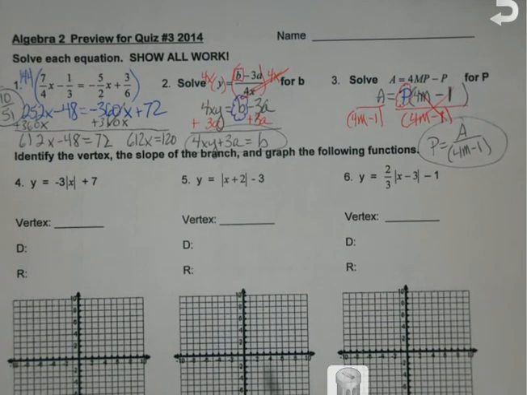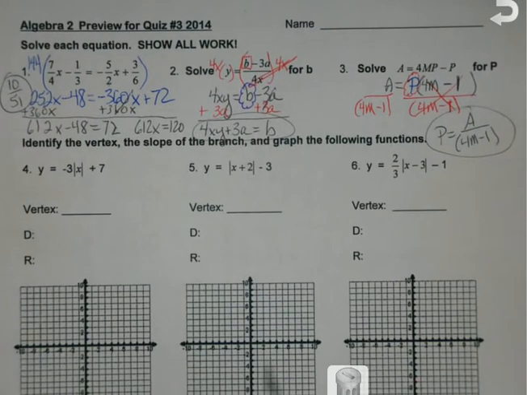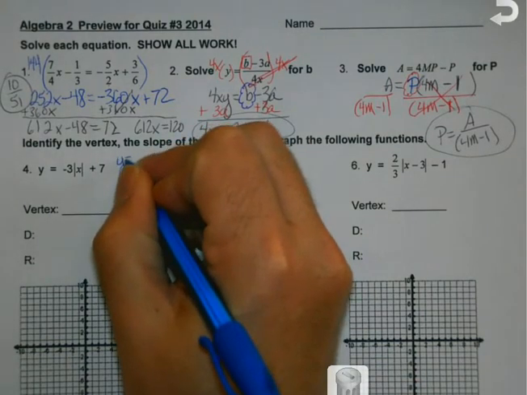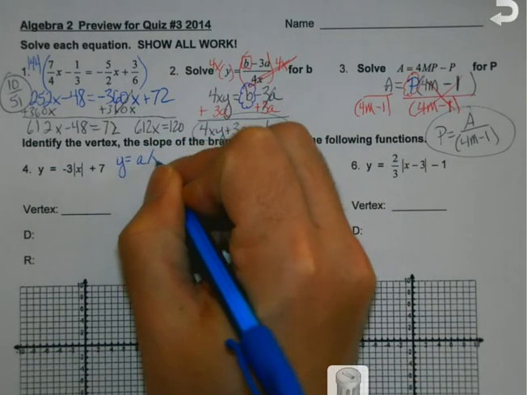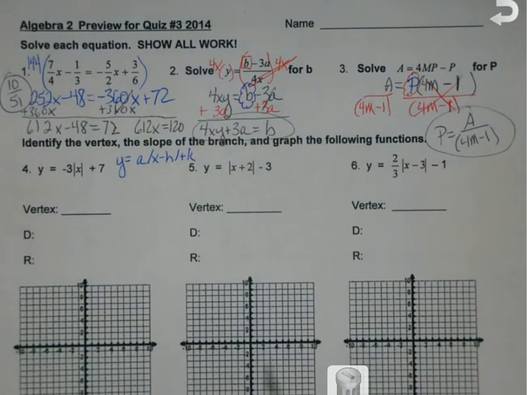All right, 4 through 6. Identify the vertex, the slope of the branch, and graph the following. Okay, reminders. When we're doing these, here's my general form of the equation. And my vertex is the h and the k.